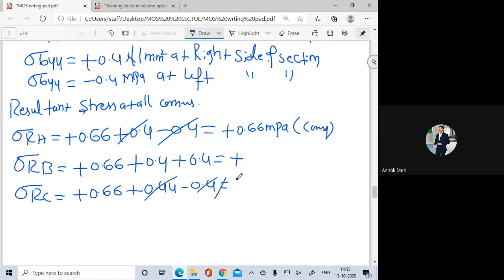So this will be 0.66 only. Last, with respect to D, it is plus 0.66 minus 0.4 minus 0.4. So just check this one.